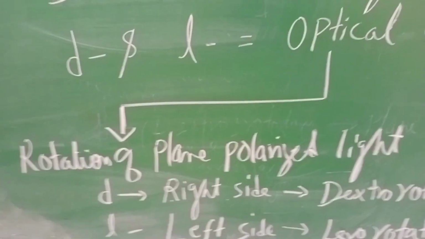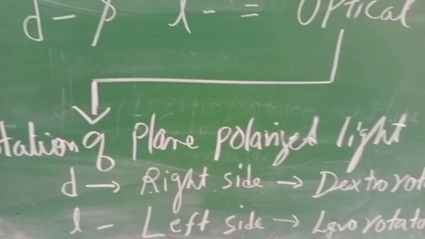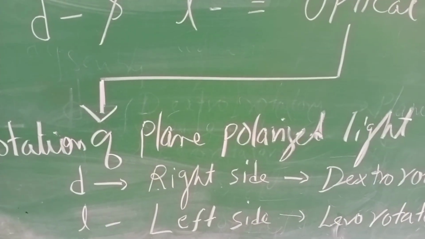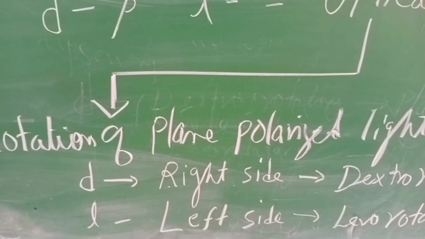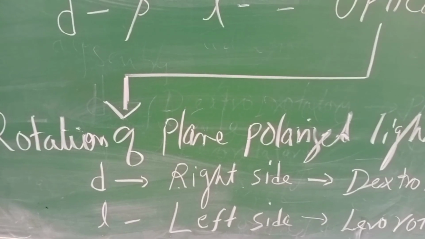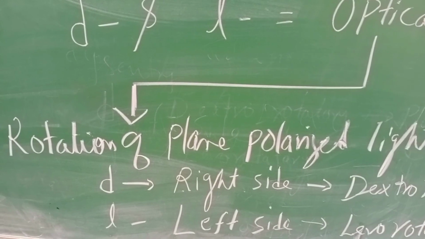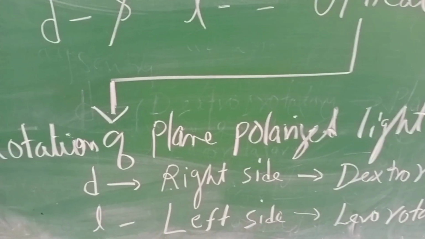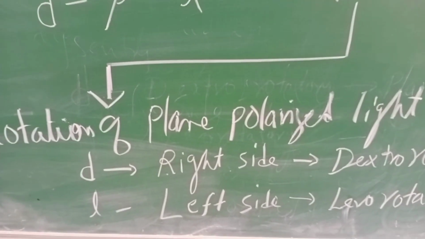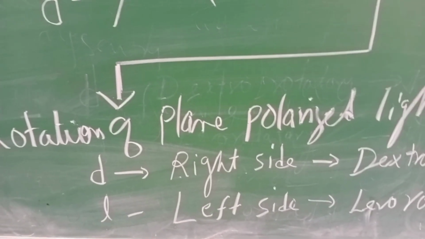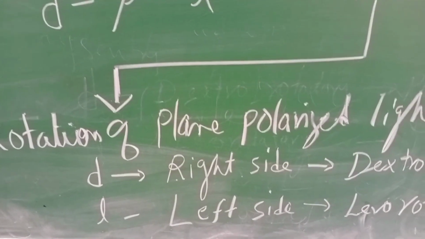On the basis of this rotation, the molecule is designated by the small d and small l letters. I will now let you know when an optically active molecule is represented by small d, and when by small l.